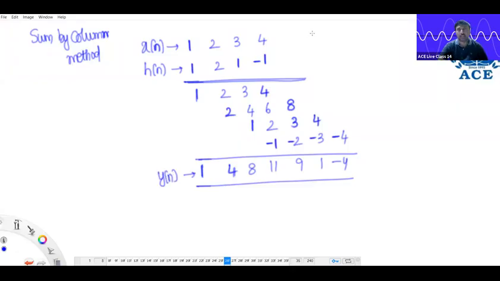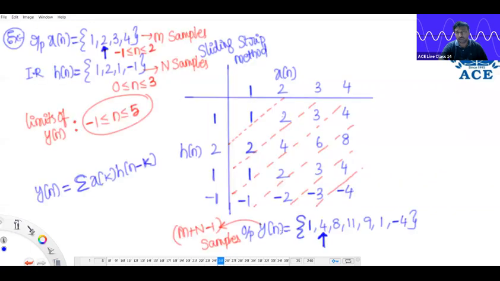By taking samples of the input and system, how to put an arrow on the output? In the output. Here I kept it. What are the limits of output? Sum of lower limits is minus 1, upper limits 5.